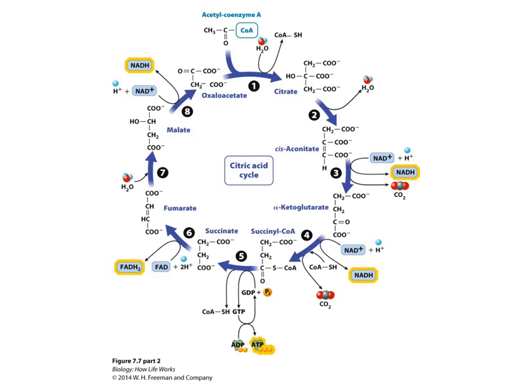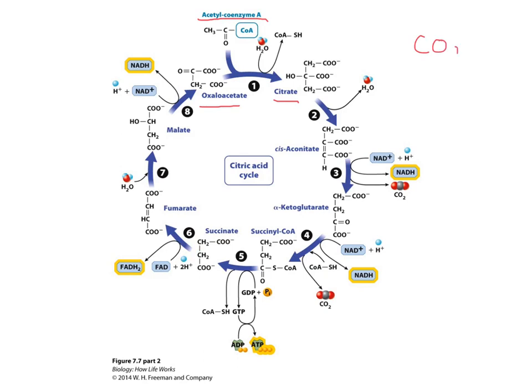Alright, so this is the citric acid cycle. You do not need to memorize the structures. Okay? You do not need to memorize these chemical structures. In fact, the only intermediates I require you to know the names of are oxaloacetate, citrate, acetyl-CoA. And then I expect you to know how many CO2 come off.